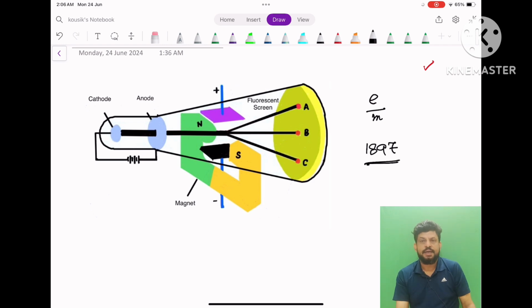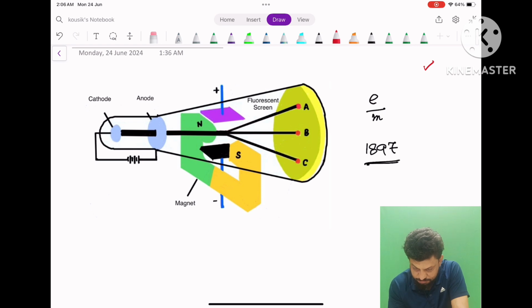So, at first, please concentrate on the diagram. In this diagram, here is the cathode and here is the anode, and we give a potential difference between cathode and anode to accelerate the cathode ray, or the produced electrons.